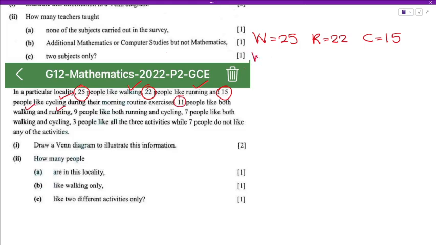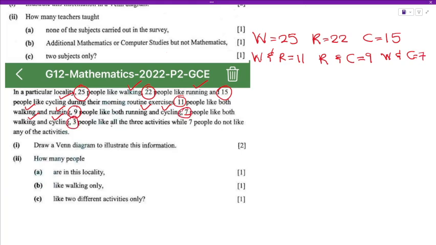Then 9 like both running and cycling, so running and cycling, we have 9. And then 7 people like both walking and cycling, that is 7.